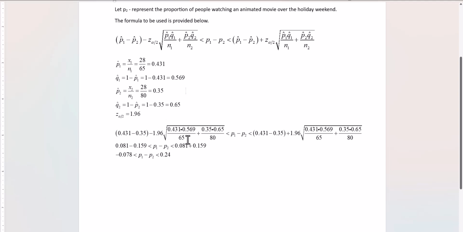In the first part of the radicand, we multiply P hat sub 1 times Q hat sub 1 and divide by N sub 1, 65, plus P hat sub 2 times Q hat sub 2 divided by N sub 2, 80. Now on the opposite side, it's basically the same information with a plus instead of a minus.